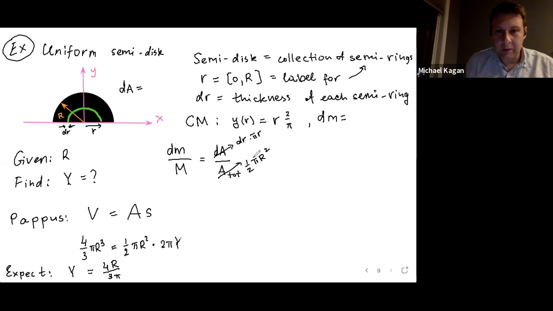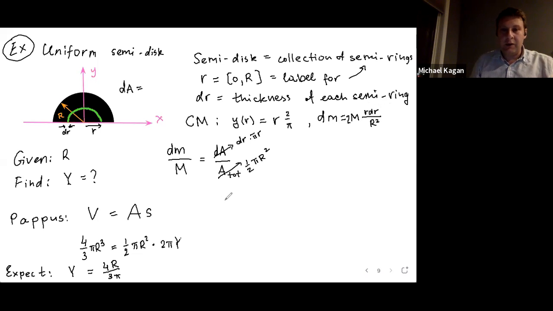We just massage it a little bit. We have M times, let's put all the constants in here, r dr over, and I can put a 2 in here, R squared. Again, remember, these constants don't matter at all. You only see how dm depends on the variables. r dr is the main piece of this formula.